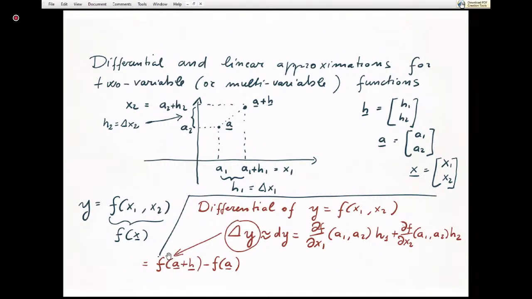So delta y is f of a plus h minus f of a. Okay, this is the true increment. It is approximated linearly by the differential, which is the sum of the two partial derivatives, each multiplied by the corresponding increment. So this is the differential of a two variable function. What would you expect for a 10 variable function? Okay?